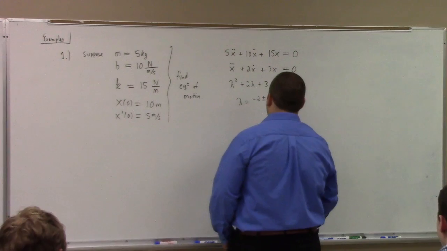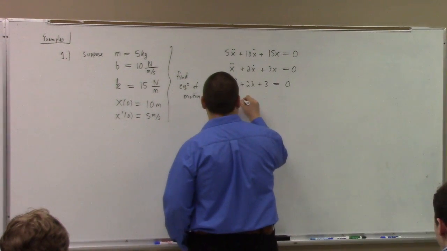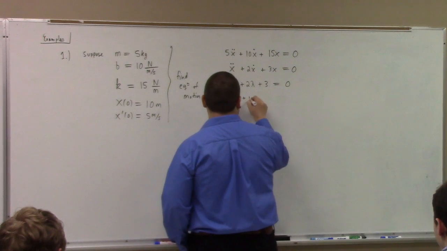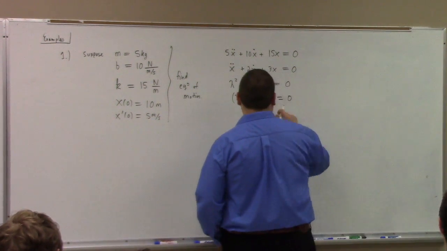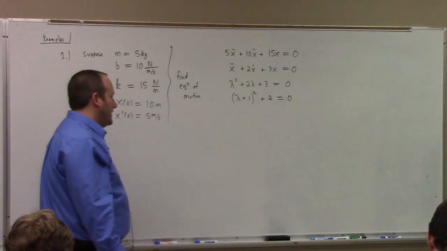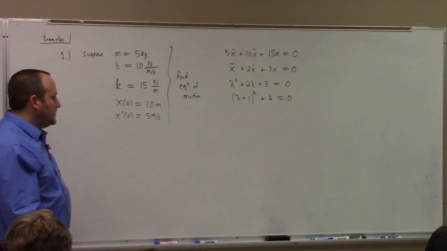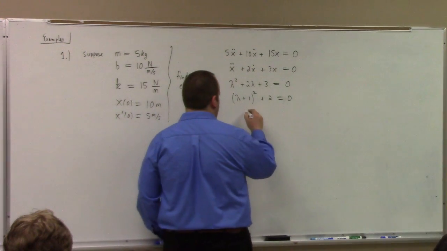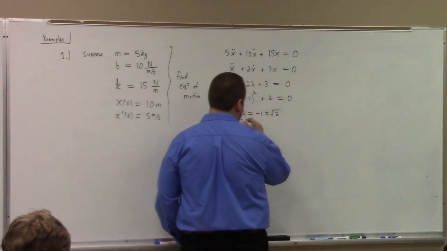I'm sorry, I can't even do the quadratic. I've gotten to the point where I can only complete the square. It's a vice I have, but lambda plus 1 squared plus 2 equals 0. To me it's just simpler to do that. You guys can do the quadratic formula if you want. And so I get lambda is equal to minus 1 plus or minus the square root of 2.